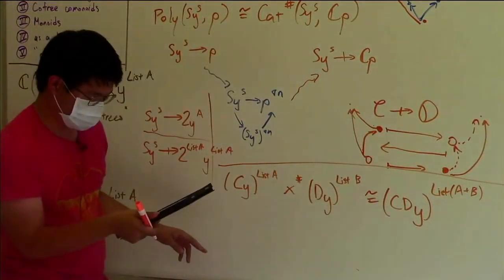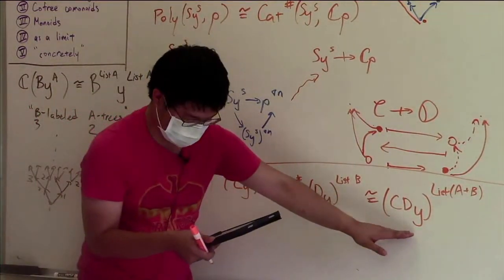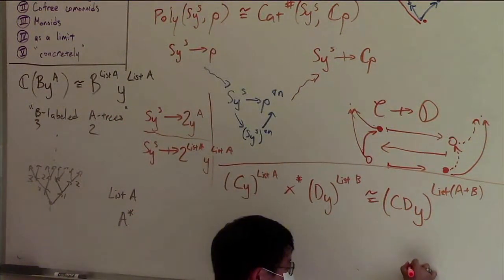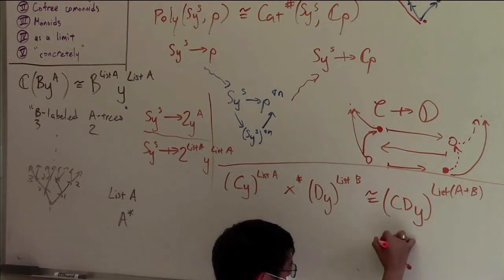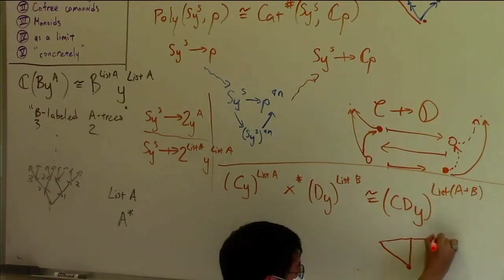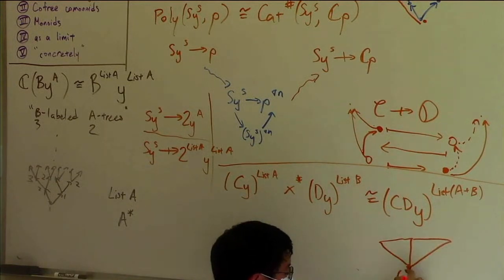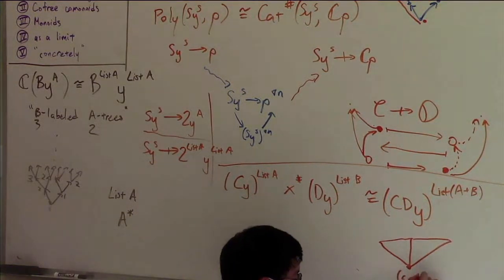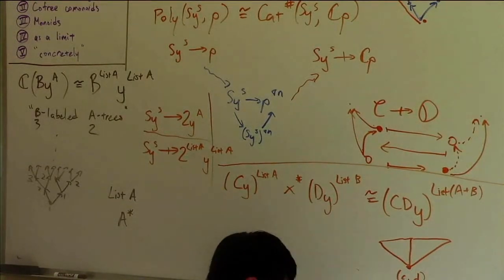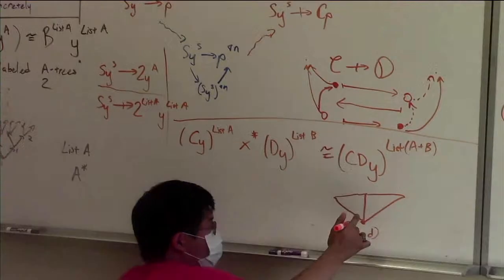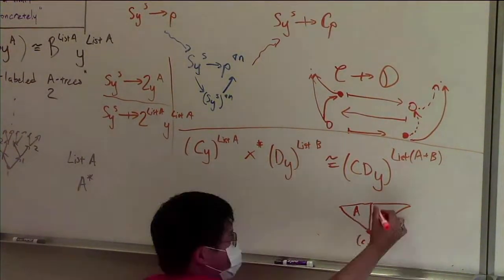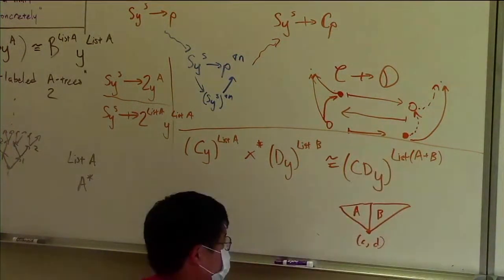And so these are going to be trees where each label is going to be a pair of labels, one from C and one from D. And the arrows coming out of it are going to be both all the elements of A and all of the elements of B.